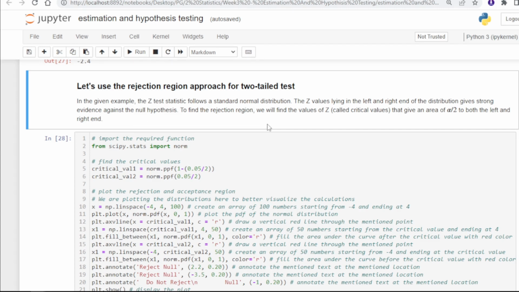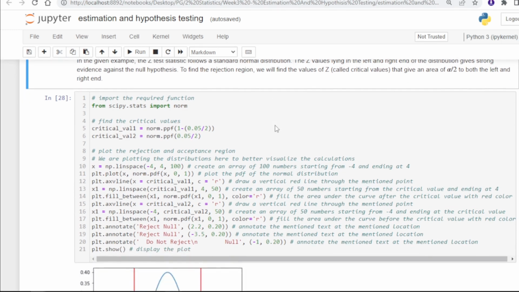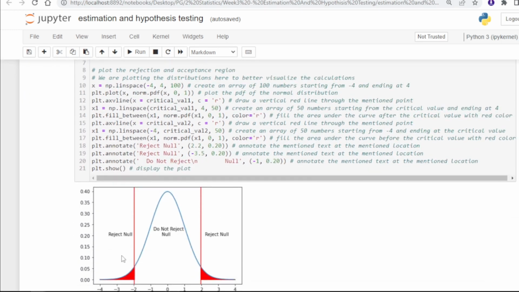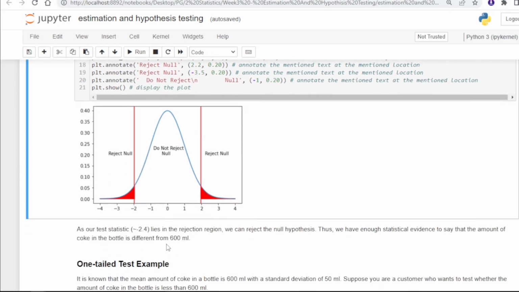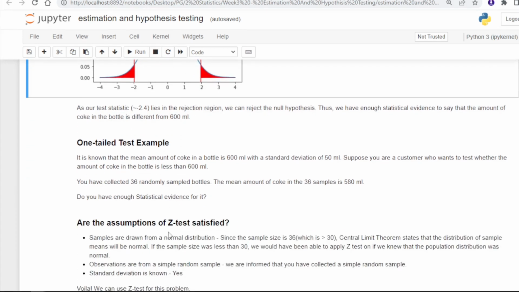To find the rejection region, we find the values of z called critical values, given an area alpha by 2 on both the left hand and right hand side. Here you can see the reject null regions on both ends, and this middle part is where we do not reject the null. So it is distributed like that.